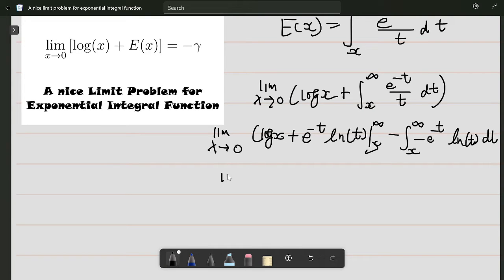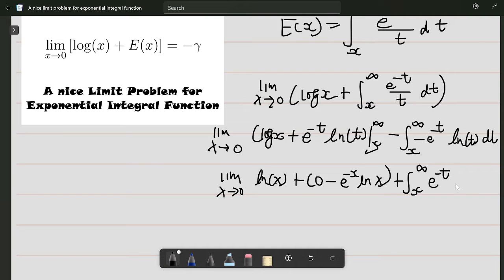Okay, so limit x tends to 0 of ln of x, and now this will just be e to the power minus infinity at infinity, which will just be 0, and minus it at x, e to the power minus x ln of x, and now this is plus the integral from x to infinity of e to the power minus t ln t dt.